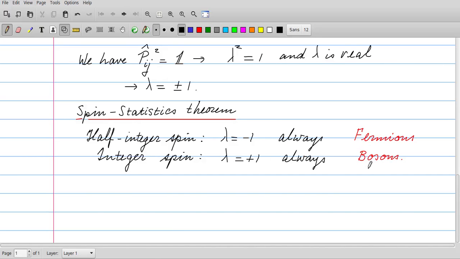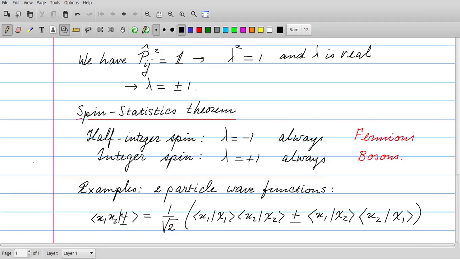For two particles the situation is rather simple. We have, for example, two particles with quantum numbers x1, x2. They are in a two-particle state psi, and we can write that as follows. This is just an example of an antisymmetric wave function. We have a 1 over square root of 2, and then we have particle 1 being in the state chi1.